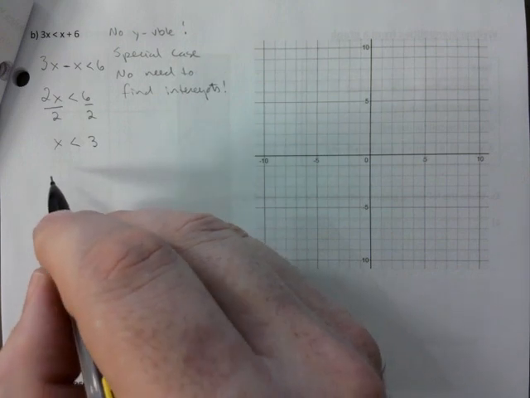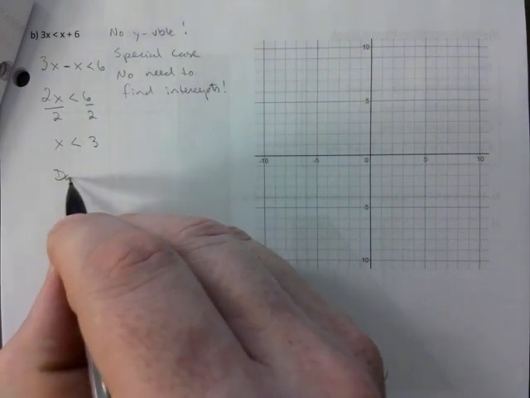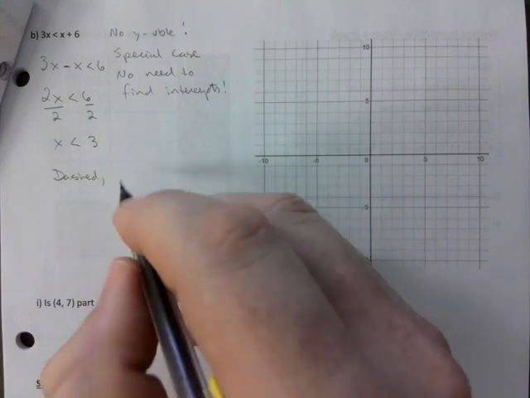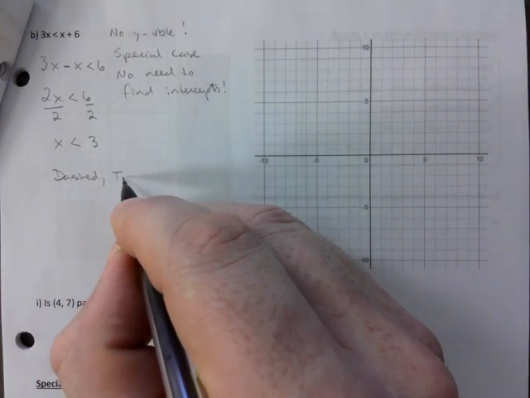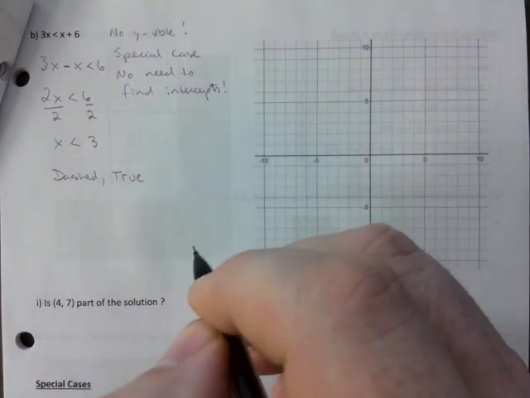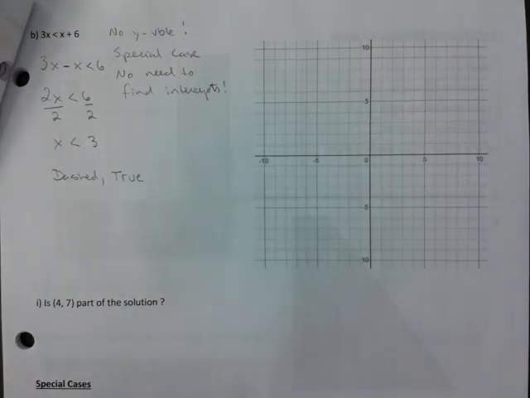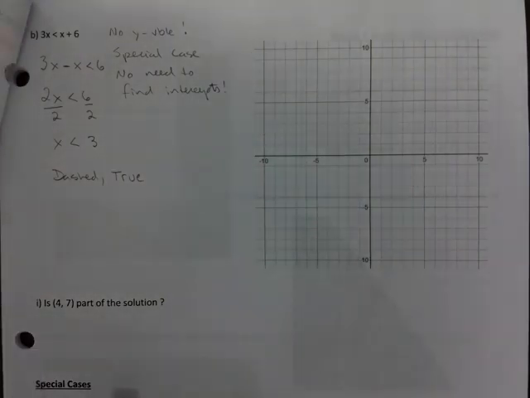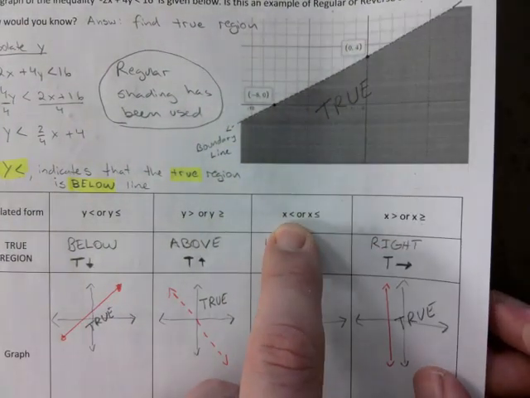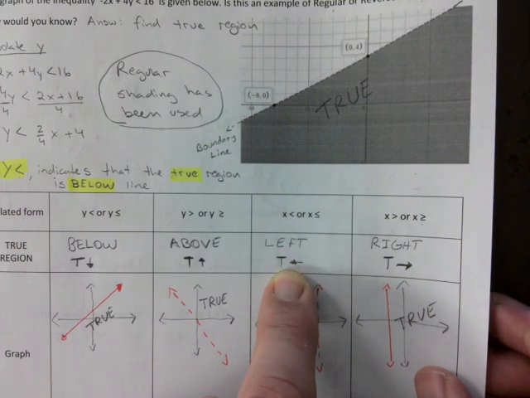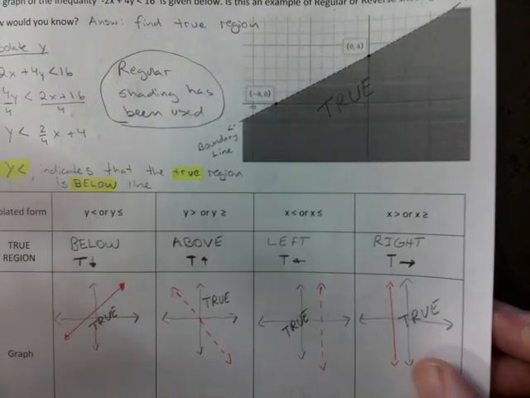Okay. This is going to be dashed. Where's the true region? If it's x is less than, let's go to our cheat sheet real quick here. It's one of these two, right? x is less than tells me that the true region is to the left.